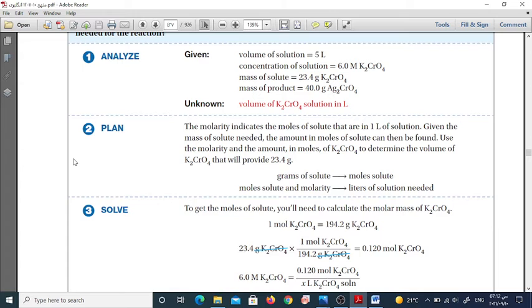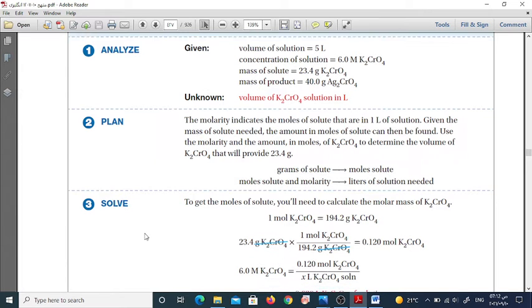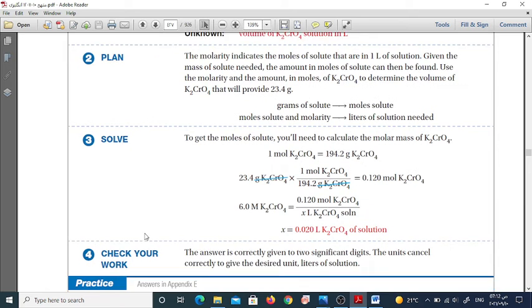First of all, as in the first example, we will convert the grams of solute of potassium chromate into moles. Then, if you have the molarity and the number of moles, we can calculate the volume.